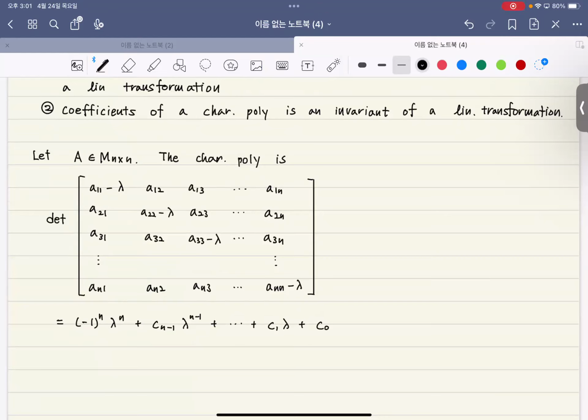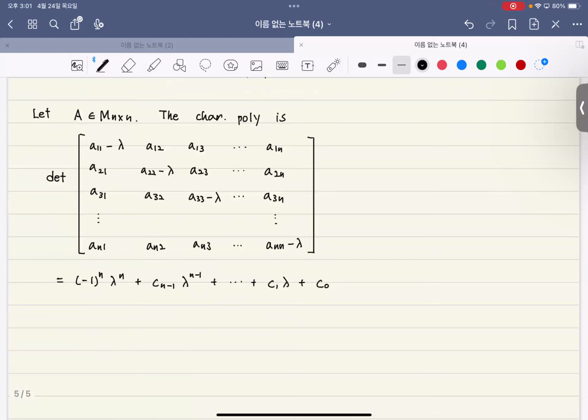I say each of these coefficients from C_{n-1} to C_0 are invariants of the linear transformation, invariants of the matrix.